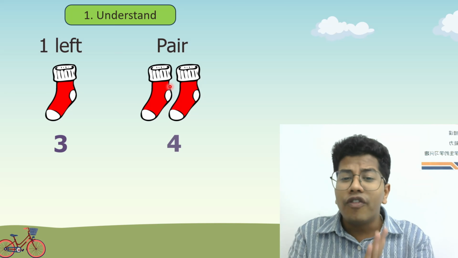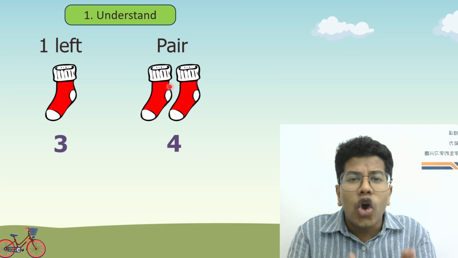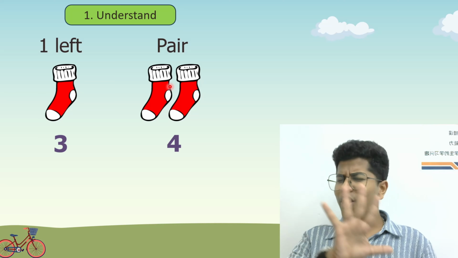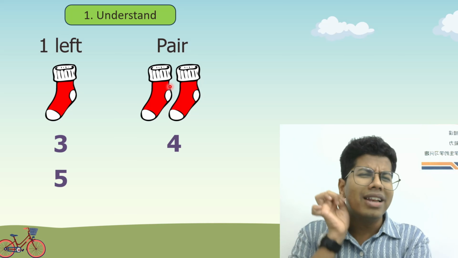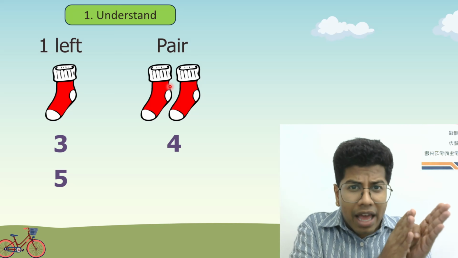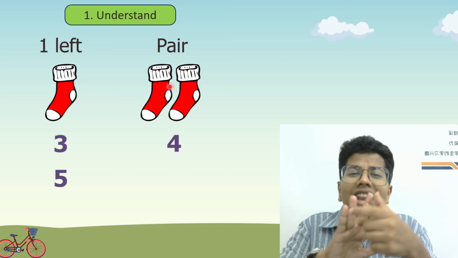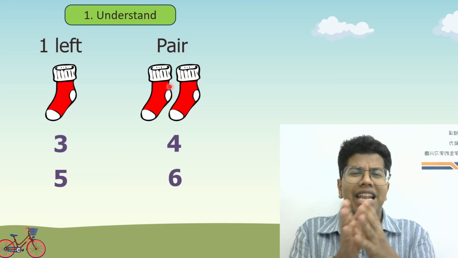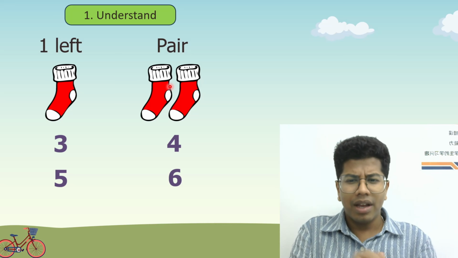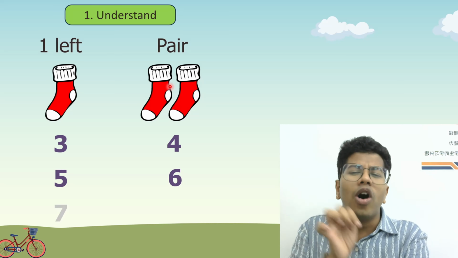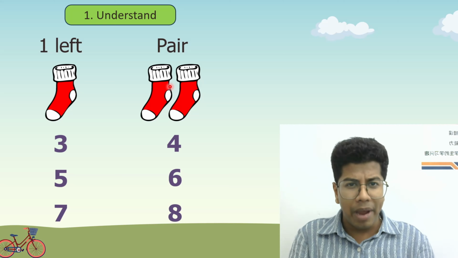So I'll write down 4 in this pair column. Now let's say if I have 5. Can I form all the pair? Of course not, there will be still one left. How about 6? One left or pair? If I have 6, I can still form pair, and then pair. So here 6 is also a pair. Now what about 7? Of course 7 also belongs to one left and 8 as a pair.